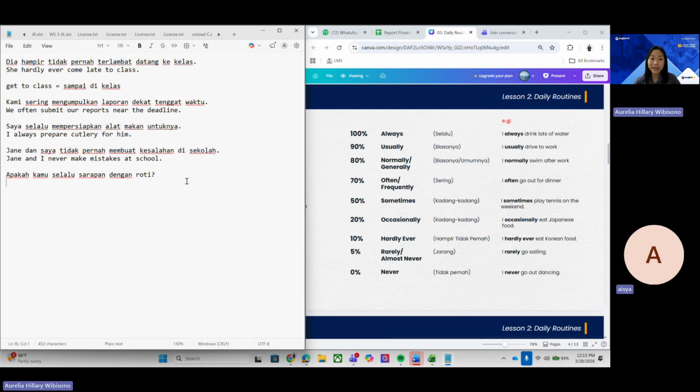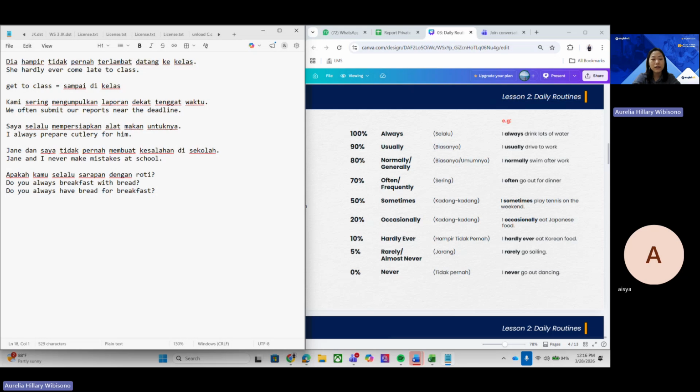Ada sarapan. So, it is a verbal sentence or a nominal sentence? A verbal. Yes. So, you can start with do you. Do you always breakfast with bread? Okay, that's correct. Or you can also say, do you always have bread for breakfast? That's the same. Okay. Sama aja.